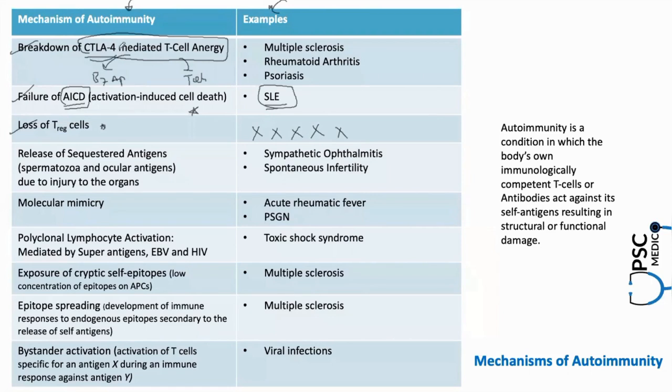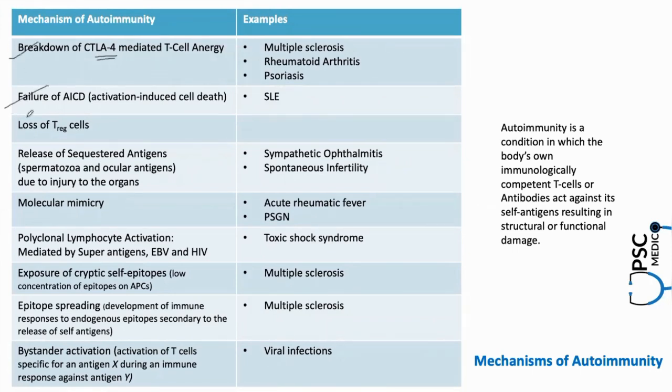So if this CTLA4 component, the co-stimulatory molecule, is not able to down-regulate, in those cases you will see multiple sclerosis, rheumatoid arthritis, or psoriasis. So the breakdown of CTLA4 mediated T cell anergy, which is a co-stimulatory molecule present on the T cell.